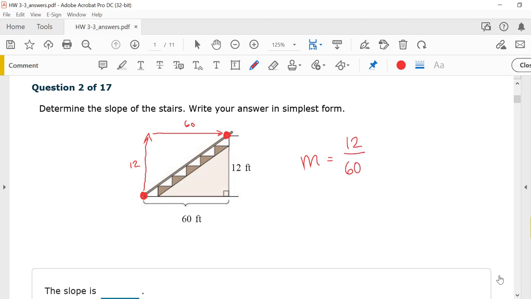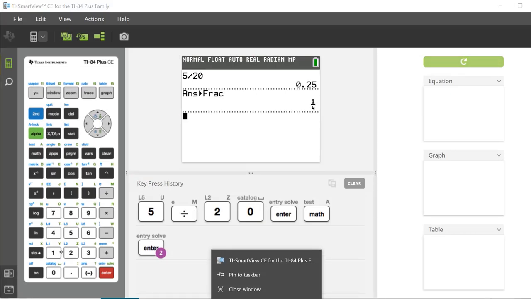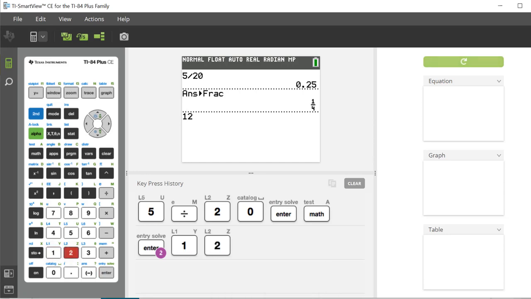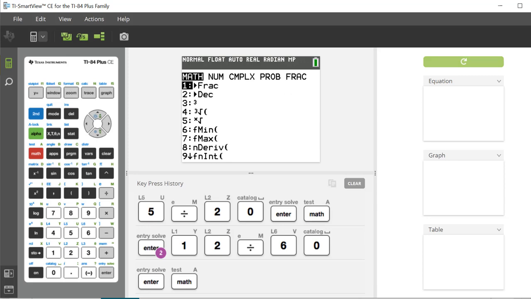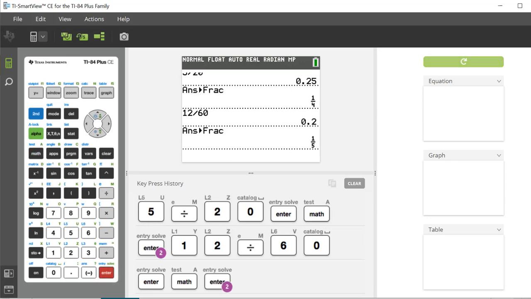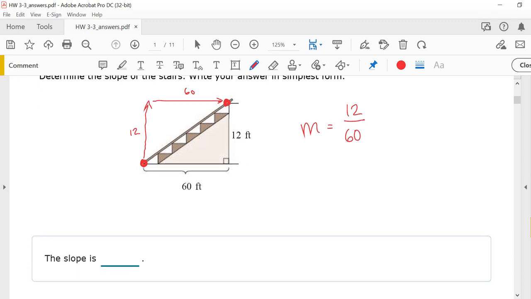In simplest form, 12 divided by 60 as a fraction is 1/5. So my slope is 1/5.